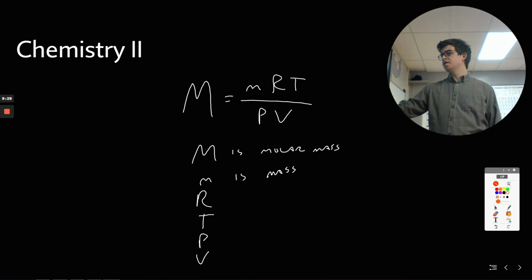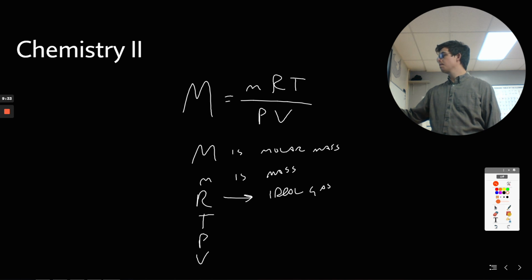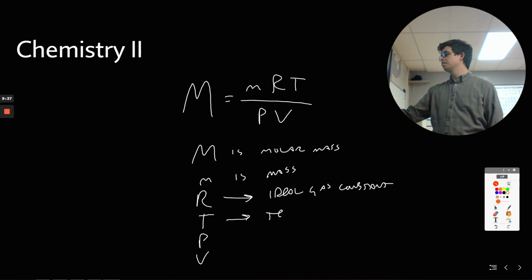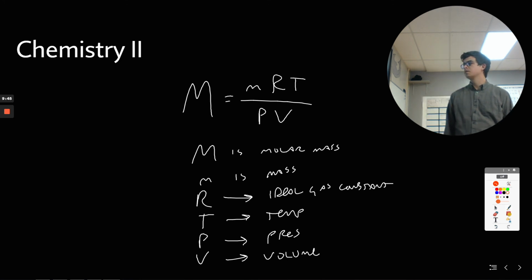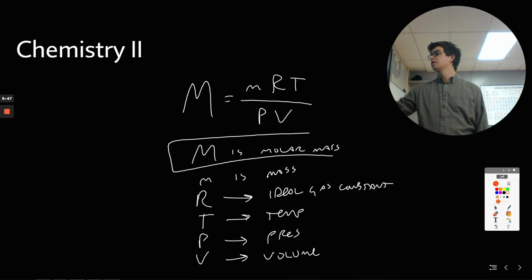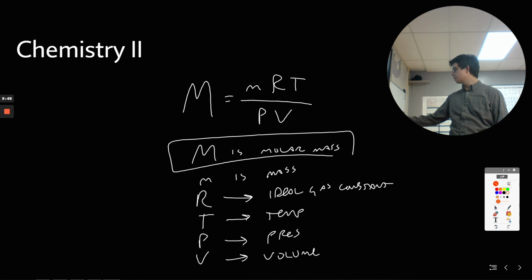This is the ideal gas constant. This is temperature, this is pressure, and this is volume. So we can find molar mass using this equation, or using a derivation of the ideal gas law as well.